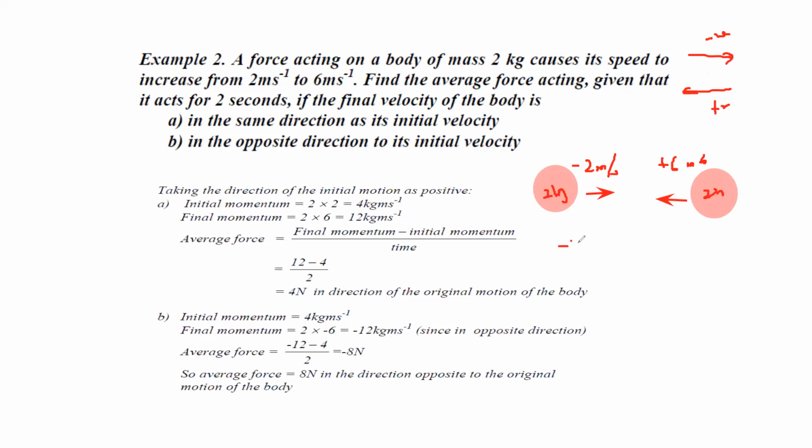So when we calculate the momentum, it is minus 4 and this will be 12. So it will be 12 final minus initial, divided by the time. So it will be 12 plus 4 divided by 2. That is 16 divided by 2, which is equal to 8.